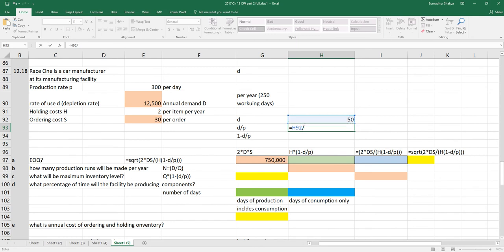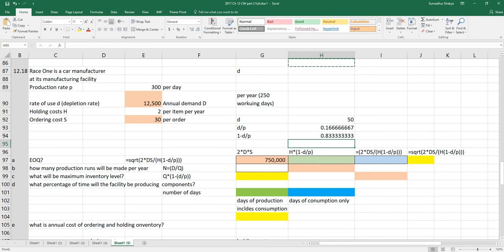Now the production rate is given to us as 300 per day. Therefore 1 minus D by P. Now this would be the same as P minus D divided by P. Remember, if you do P minus D divided by P, in that case also you will get the same number.